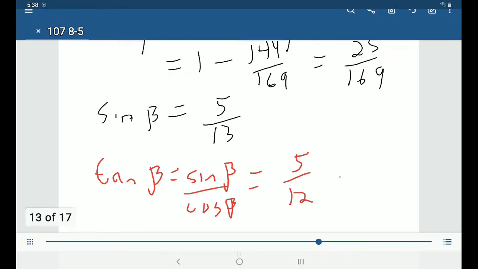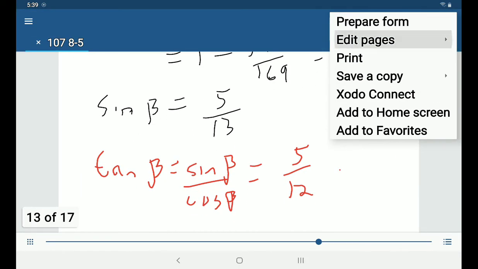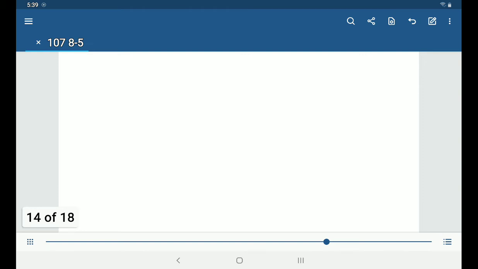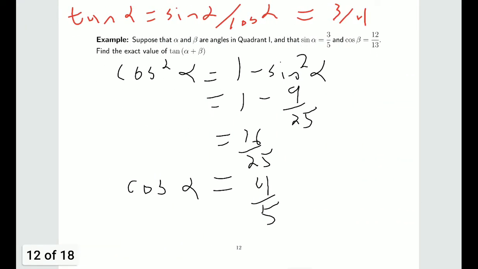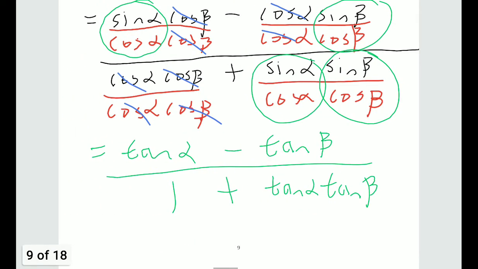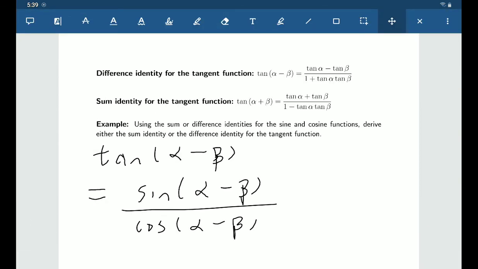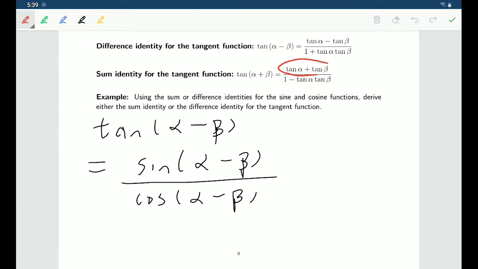All right, so the only thing left for us to do is to find out the value of tangent of alpha plus beta. That's easy enough, because remember our formula for tangent of alpha plus beta: this would be tangent of alpha plus tangent of beta in the numerator and 1 minus tangent alpha times tangent beta in the denominator.